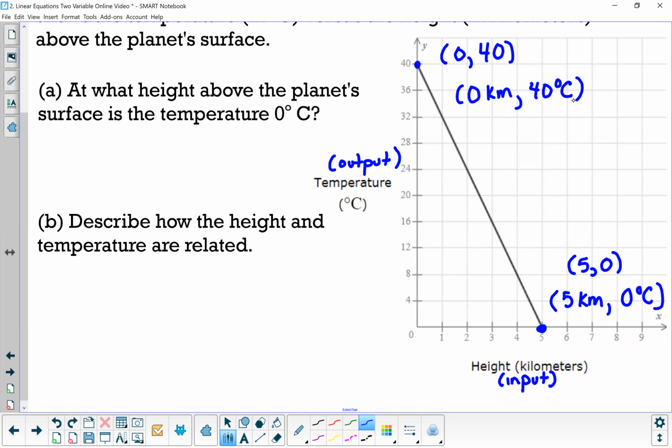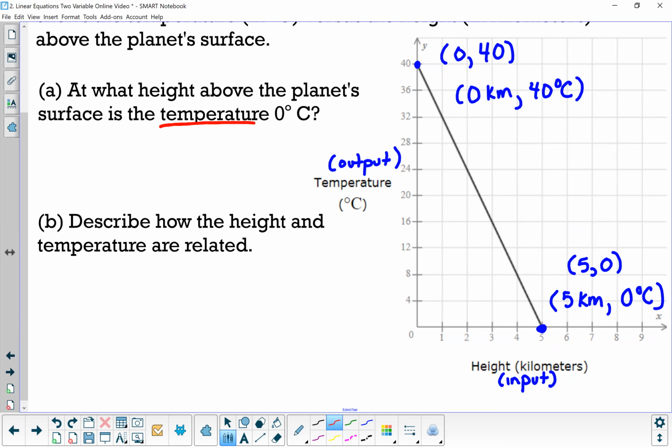Okay, so we should understand these things just by looking at the graph because of what we already know about graphing lines. So now if we take a look at part A, it says, at what height above the planet's surface is the temperature 0 degrees Celsius? And we already know from identifying characteristics of the graph, this is at our x-intercept here, right?